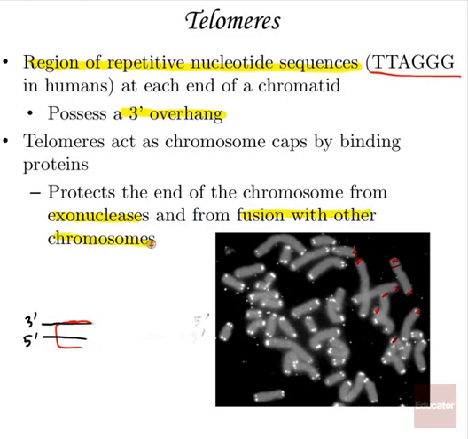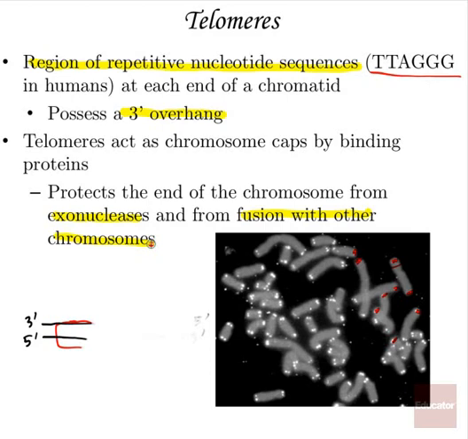Other than protecting from exonucleases, by binding proteins, telomeres protect from fusion with other chromosomes. Fusion of a couple of chromosomes together will affect how they get segregated into daughter cells, whether it be mitosis or meiosis, and this can affect how many chromosomes you get. Strike that, take out the trisomy 21 part, that's just an extra chromosome.